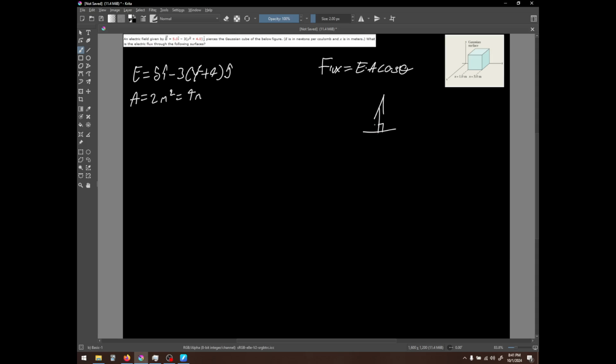So if it's the top, then we know that it's going to just be entirely I hat, right? So then for the top, it's going to be 5 I hat times 4 meters. That's EA. And then cosine 90 is 1. So it should just be that. That's 20 I hat.